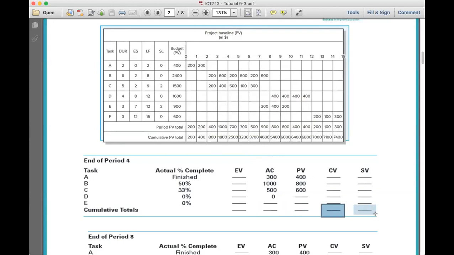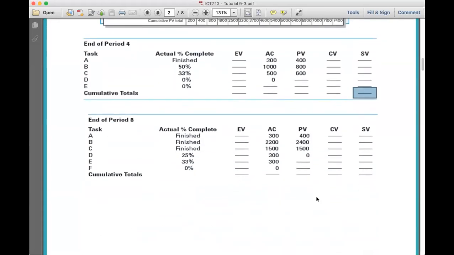And this one here? 300. Okay, so are we ahead of schedule or behind schedule? We are ahead of schedule. And are we over budget or under budget? Under budget, sir. Have you calculated this or do you need more time?